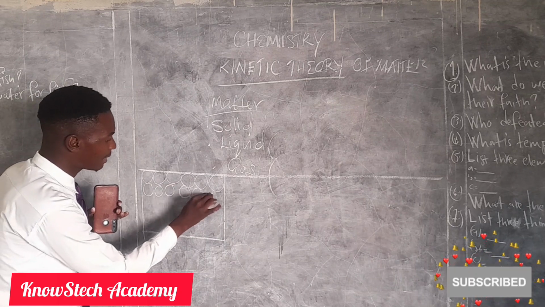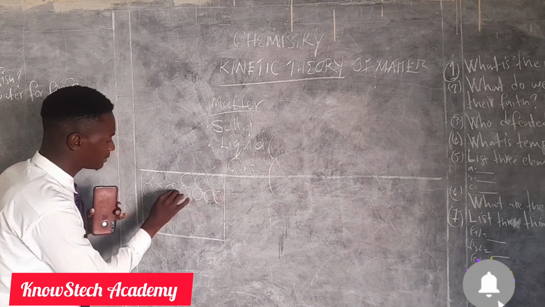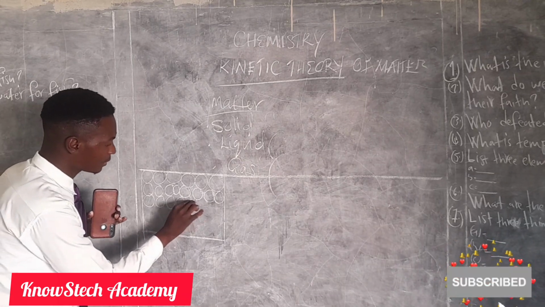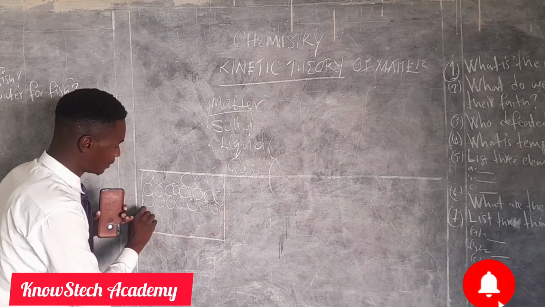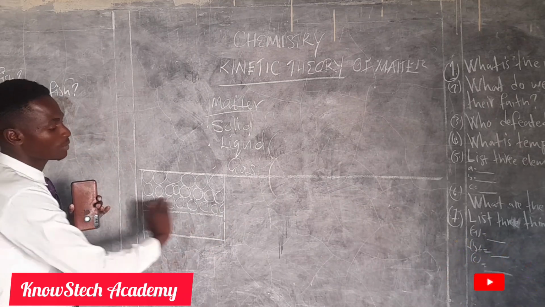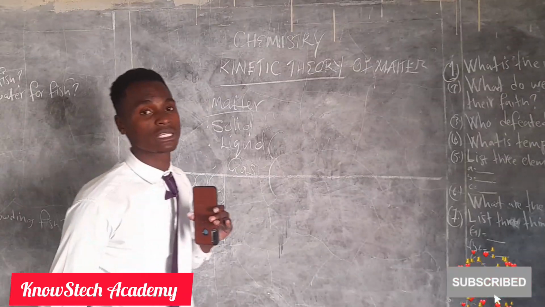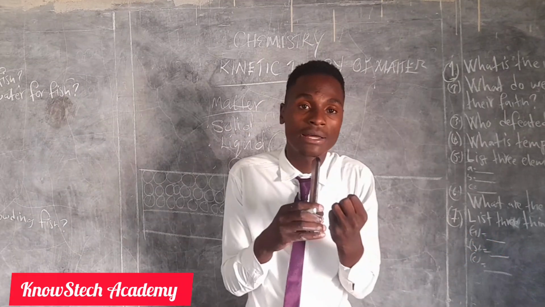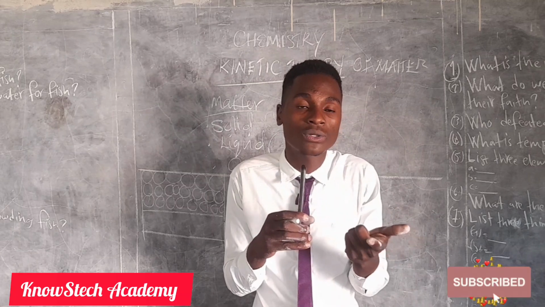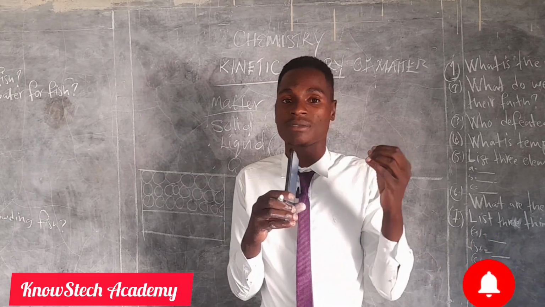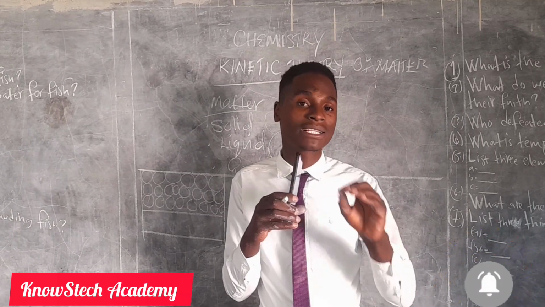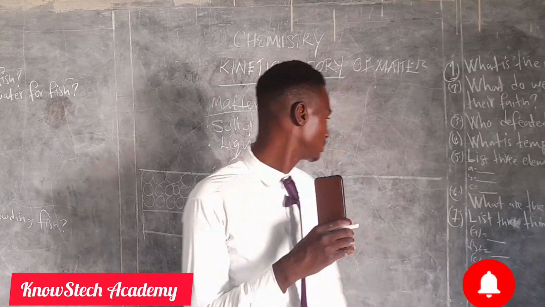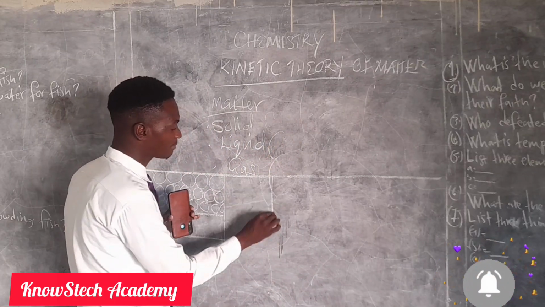So this is solid. There is also order in the arrangement. The fact that they're together doesn't make them solid; the arrangement should also be regular. Because you can have something like this.